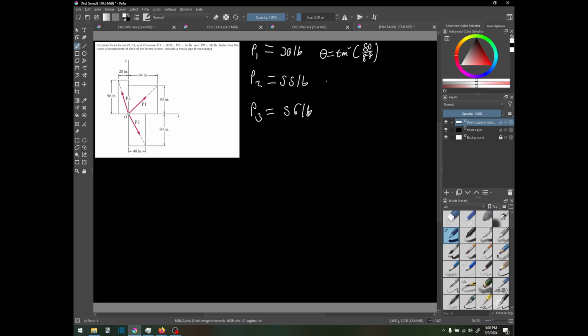And for P2, it's going to be the same thing, inverse tan. And this one's also going to be inverse tan. And P2 is going to be 96 over 28. And P3 is going to be 90 over 48.